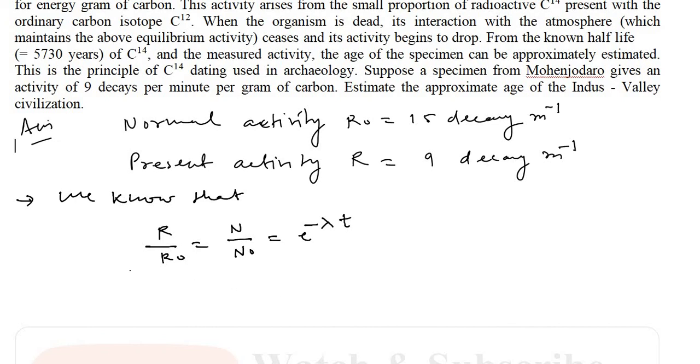Here the initial activity is given to us as 15 and the present as 9. So 9 upon 15 is equal to e raised to minus lambda t.